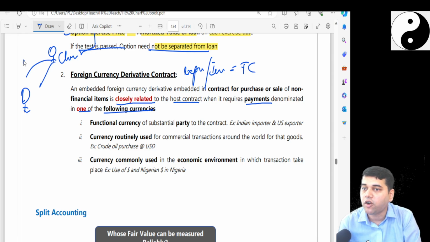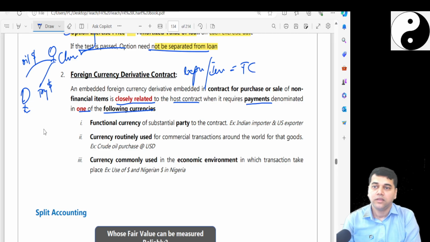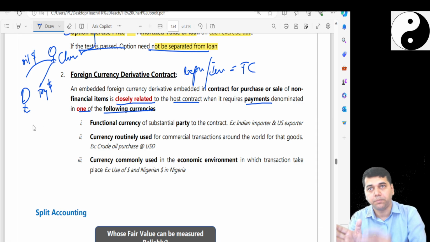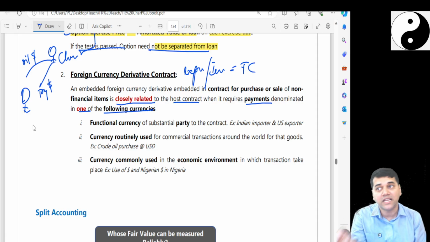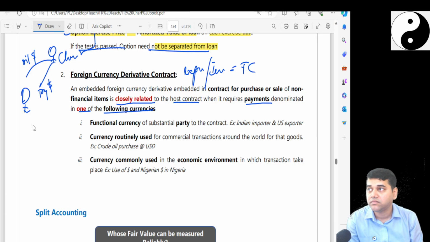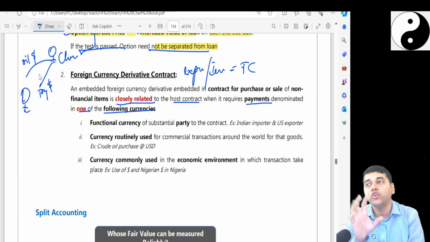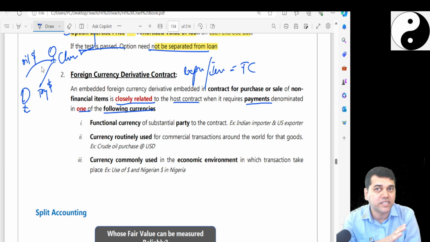You have imported oil in dollars. You have imported toys in dollars. Now, what is the contract here? To purchase oil or toys. Is it a financial asset or a non-financial asset? Non-financial. We have gone through the definition. That is called a host contract, which is a non-financial contract.